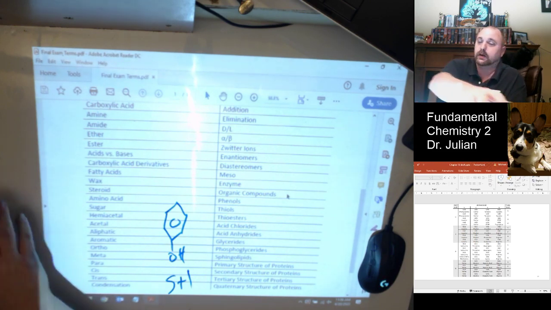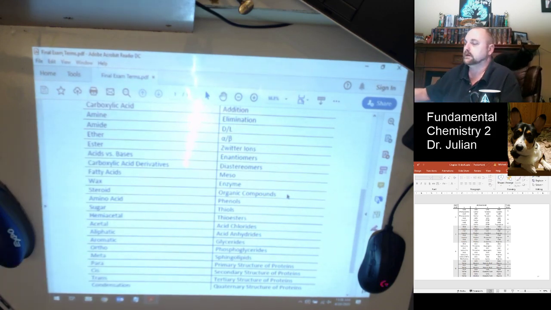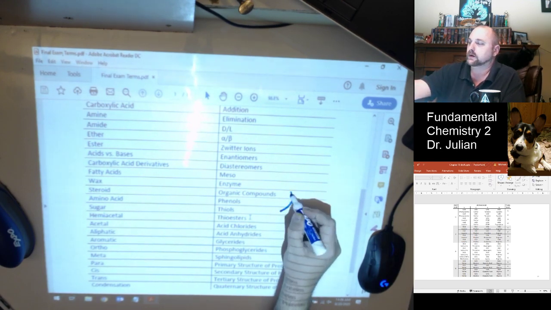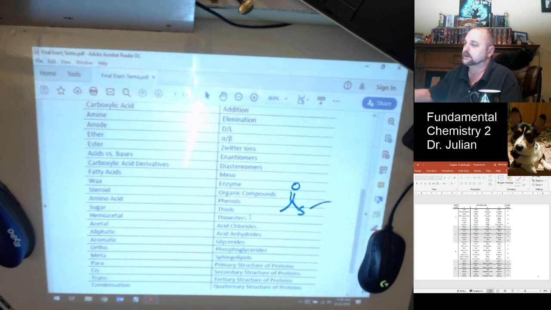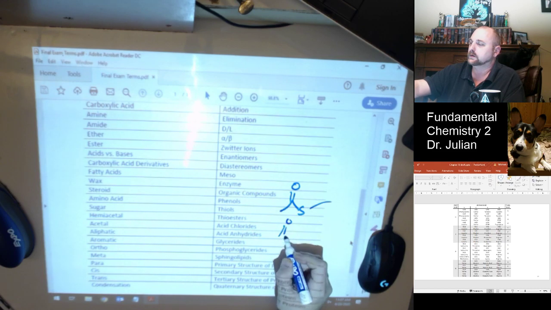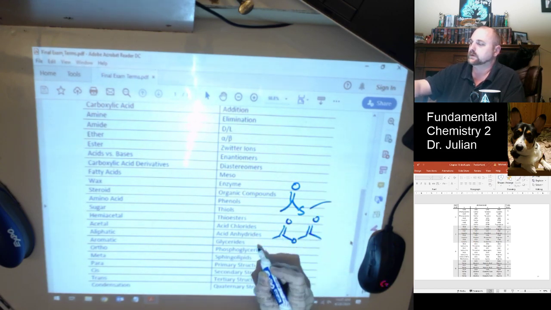Thioester, so carboxylic acid, carbonyl, with the S there instead of the O, so we're looking like that. Acid chlorides, same idea, with Cl. Acid anhydrides was this structure.